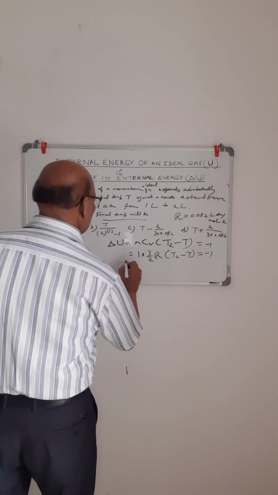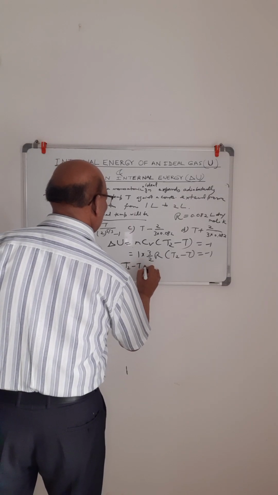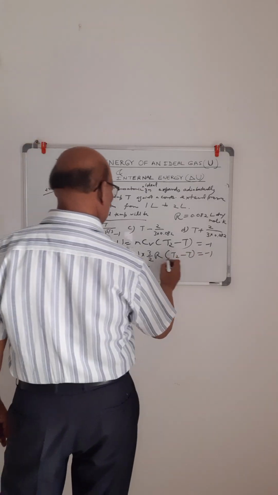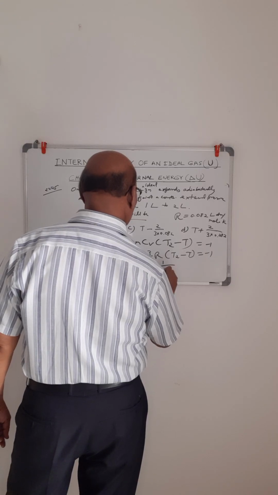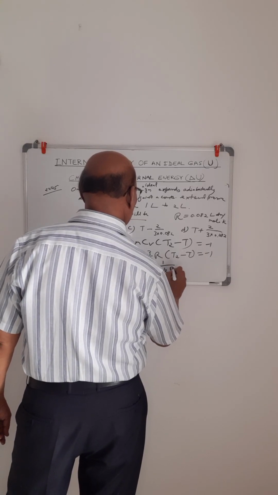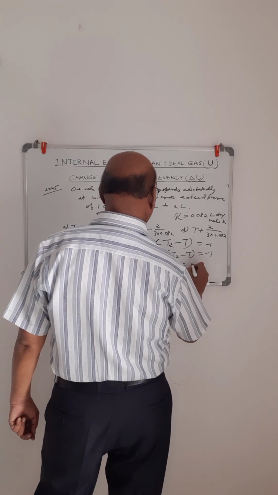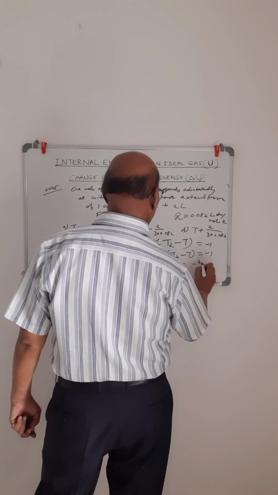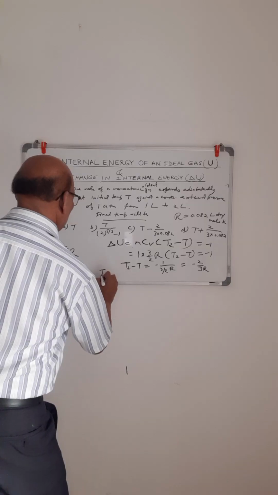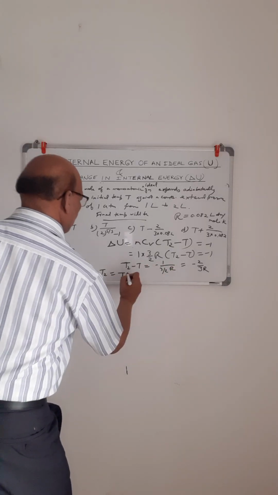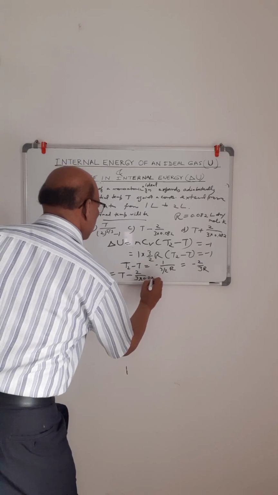Okay, so we can say that T2 minus T will be equal to minus 1 upon 3 by 2 R. So that will be equal to minus 2 by 3 R. Okay, and hence T2 will be equal to T minus 2 upon 3 R, and R is nothing but 0.082.